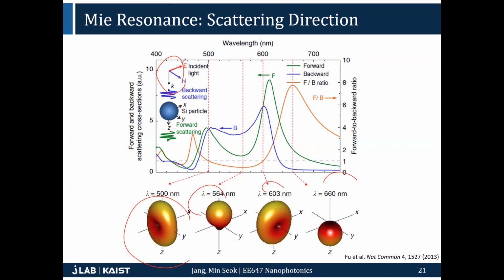The E field direction is along X, the H field direction is along Y, and propagation is along Z. Now, if you look at this point where the forward and backward resonance amplitudes become exactly the same, and you draw the scattering pattern, you see this. You can see backward and forward scattering are identical, very symmetric.